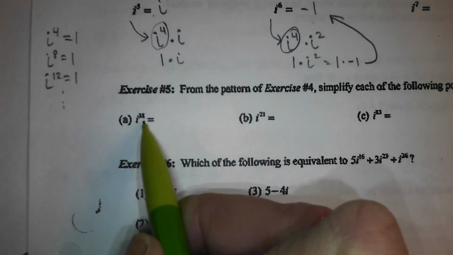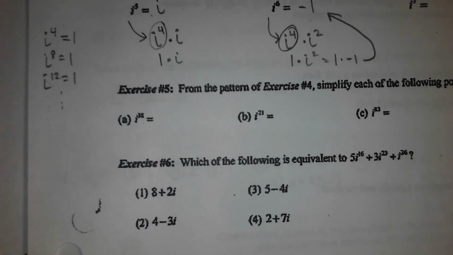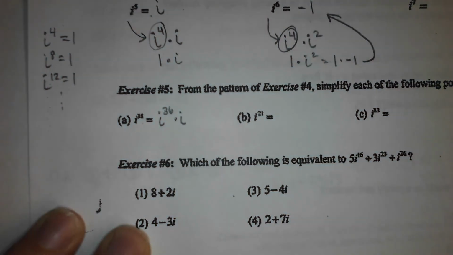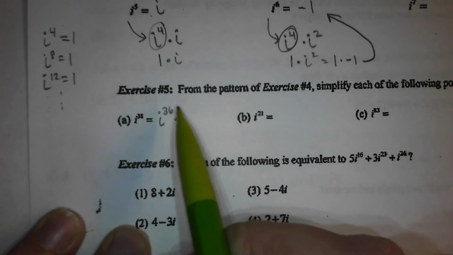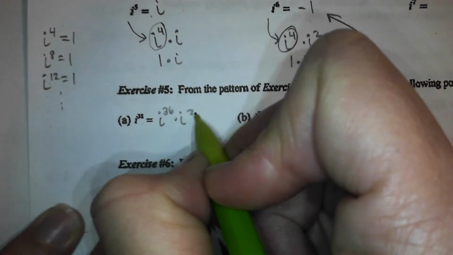So if you're looking at 38, and we're thinking about breaking that down, what's the first number under 38 that 4 goes into, Bella? 36. So I would break this up into I to the 36 times I to the, if I want 38 total, I'd need I to the 2nd.